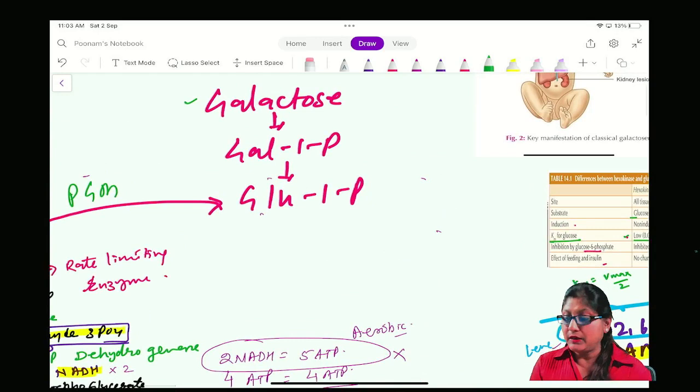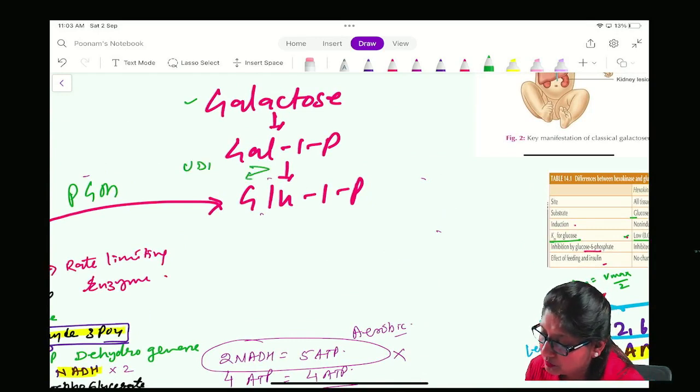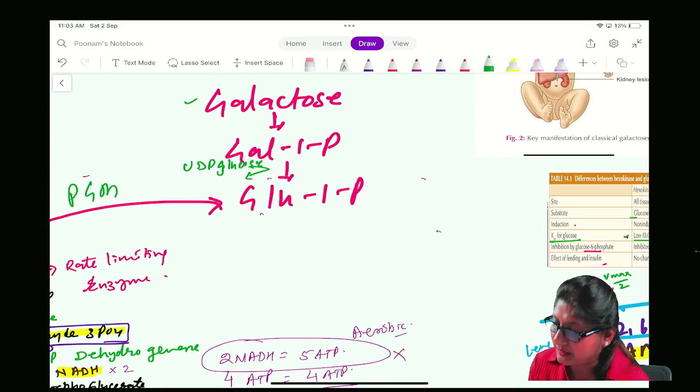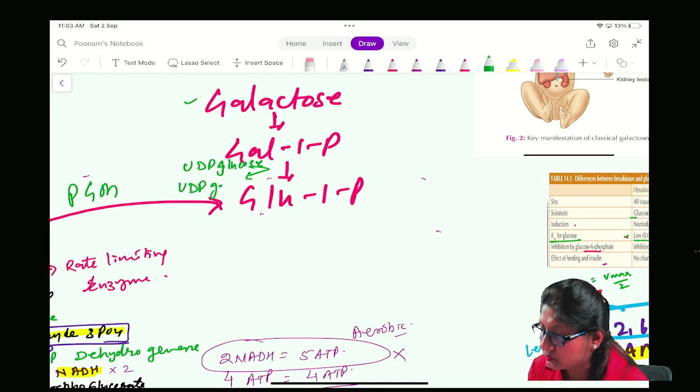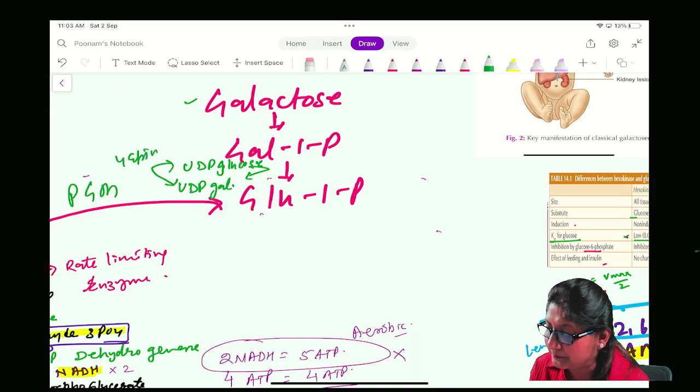But what is very important for you to know is that the UDP glucose drops the glucose here and takes away the galactose, kidnaps the galactose out of this mainstream pathway. So this comes out and they are epimerized by the 4-epimerase enzyme, right?